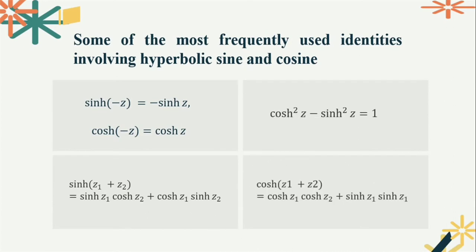And then the cosh of z1 plus z2 is equal to cosh z1 times cosh z2 plus sinh z1 times sinh z2.